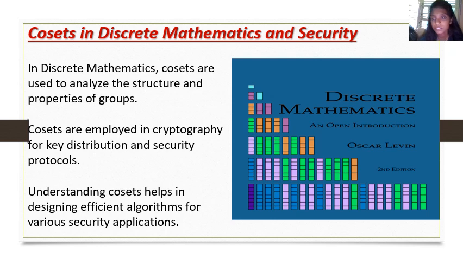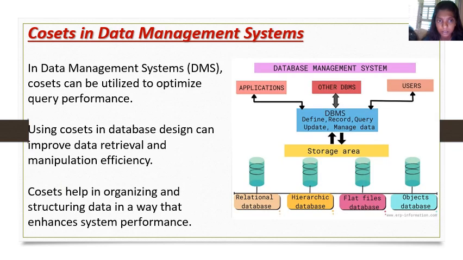This is the picture of a discrete mathematics book, an open introduction by Oscar Levin, second edition. This is all about cosets in discrete mathematics and security.